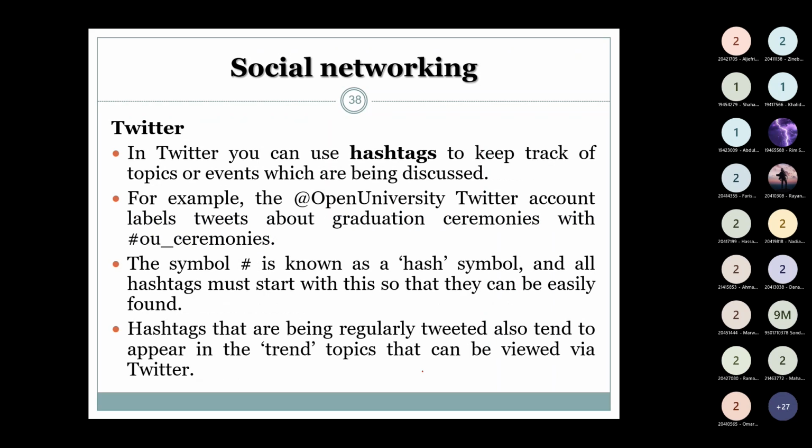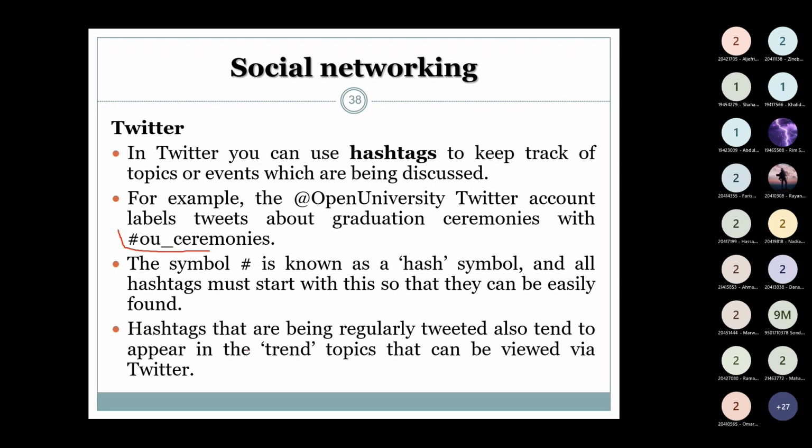For example, the @OpenUniversity Twitter account labels tweets about graduation ceremonies with the symbol OU ceremonies. So it will be a hashtag about the ceremonies. The symbol is known as a hash symbol, and all hashtags must start with this symbol so that they can be easily found.